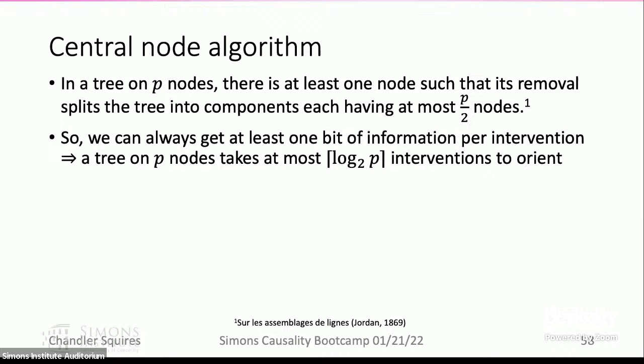And we already said that the number of possible representatives in the Markov equivalence class is P, and that can be encoded in at most ceiling of log P bits. So that's exactly how many single node interventions we need in order to recover the tree using this strategy. That's an upper bound.